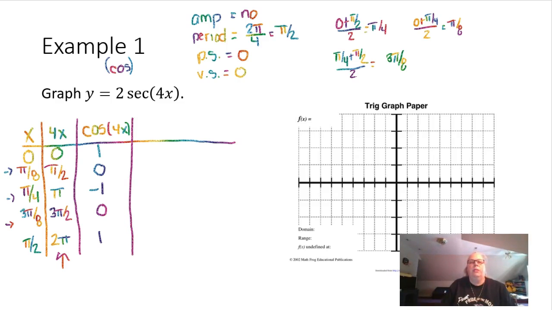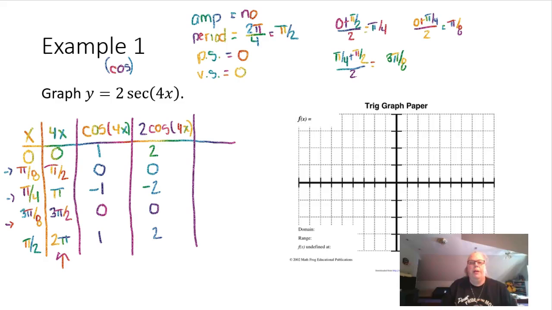And the last thing I want to do is multiply that column by 2. All right, so 2 times 1 is 2. 2 times 0 is 0. 2 times -1 is -2. 2 times 0 is 0. And 2 times 1 is 2.